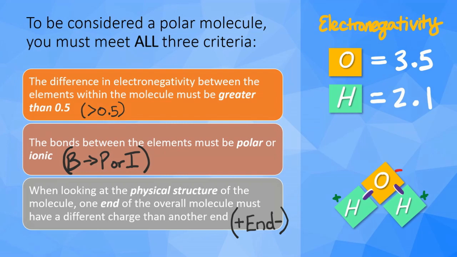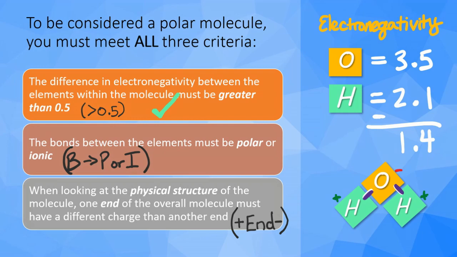So the difference between oxygen and hydrogen in terms of their electronegativity would be 3.5 minus 2.1, which is 1.4. So looking back at our criteria, for the first criteria, is the difference in electronegativity between the elements within the molecule greater than 0.5? Yes, right? 1.4 is greater than 0.5.